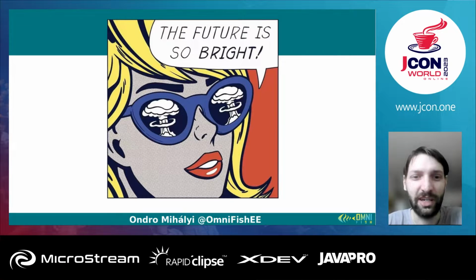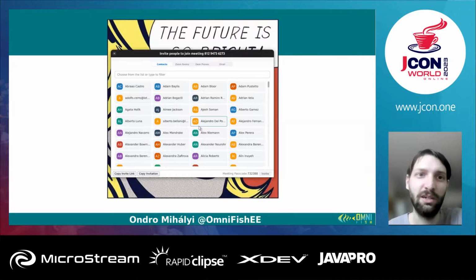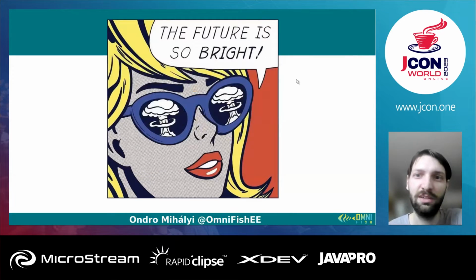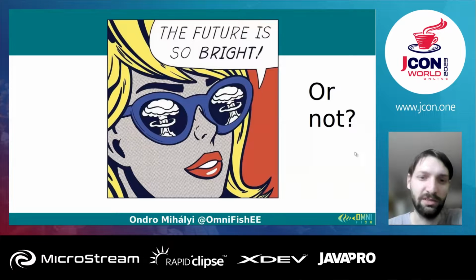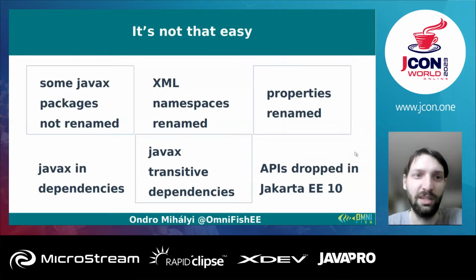If you try to do that, you will very soon hit some issues. So it looks bright, but I will show you that that is not always the case, or mostly it's not the case, because it's not only about package renaming, and it's not only about renaming in your source code, but also in all the libraries you have in your application.